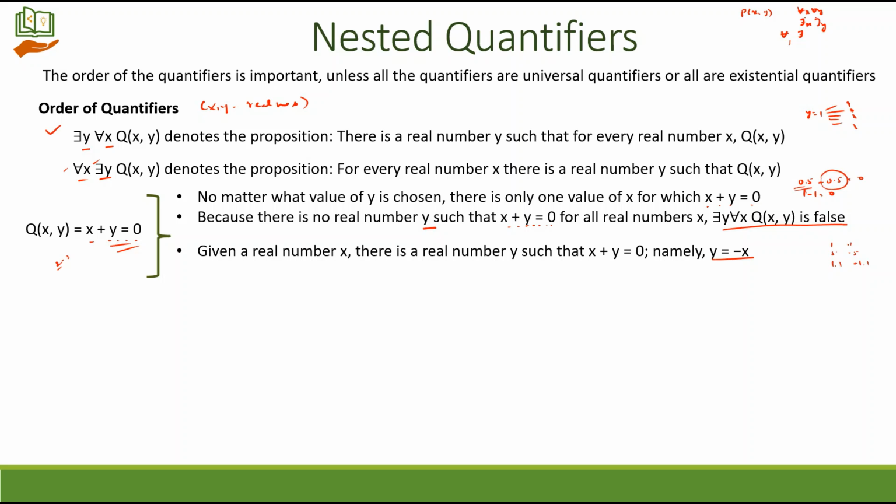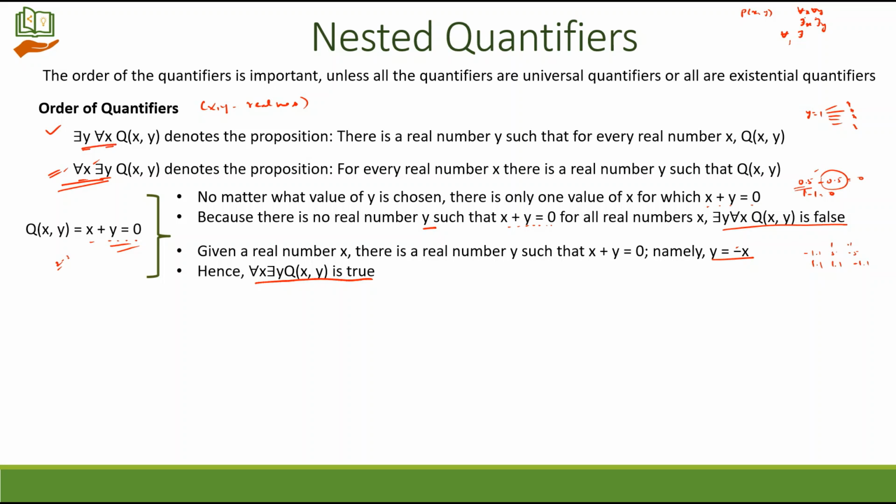And if you have minus 1.1 in x, then 1.1 with a positive sign will be y, because minus into minus will give you plus. So this meaning is established in this order of quantifiers. We can say this quantifier with the predicate makes the statement true. So for every value of x, you have a different value of y. That is what we get in this statement.